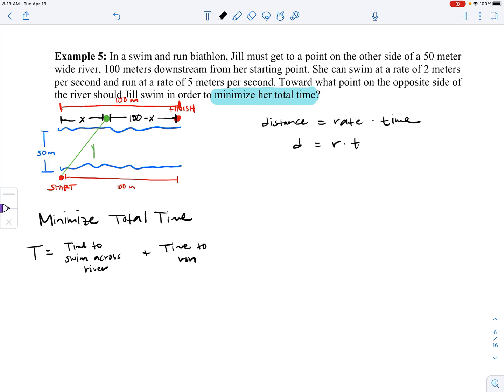Well, we want the time to swim across the river and the time to run, and we're given information about both of those rates and about their distances. Well, sort of, we have ways to represent their distances. So if we were to solve for T in that equation, right, T ends up being equal to distance divided by rate.